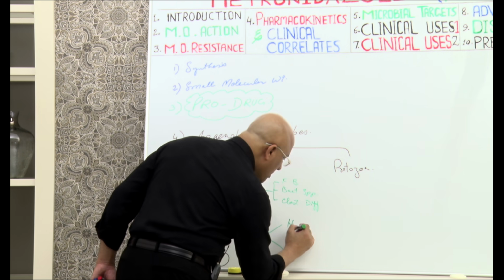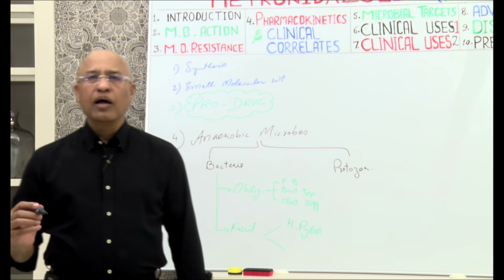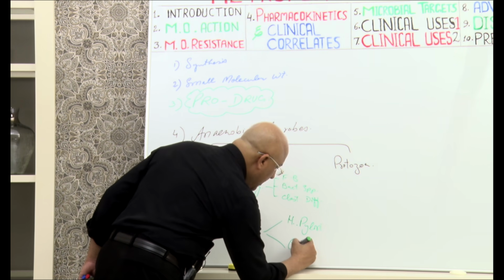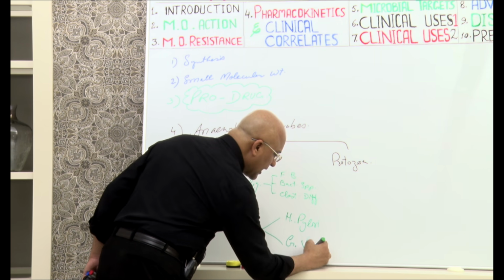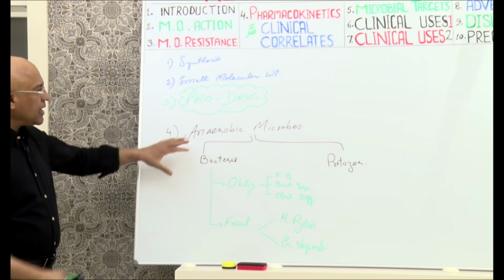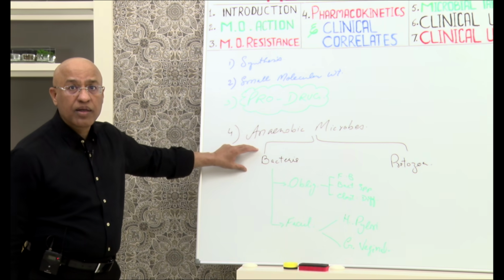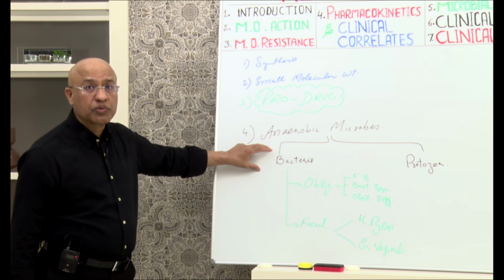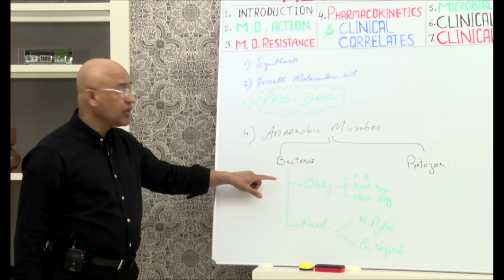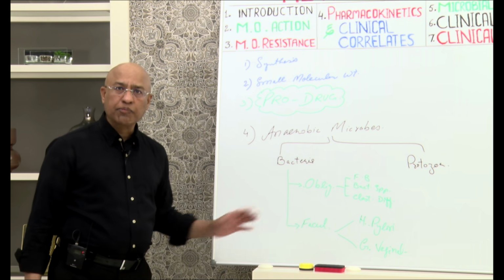Helicobacter pylori, and then another organism in vagina, that is Gardnerella vaginalis. Now, what I'm trying to tell you, that out of the bacteria, it does not damage all bacteria. It damages only those bacteria which are either strictly anaerobic or facultative anaerobic, because this drug can only be activated in these two type of microbes.